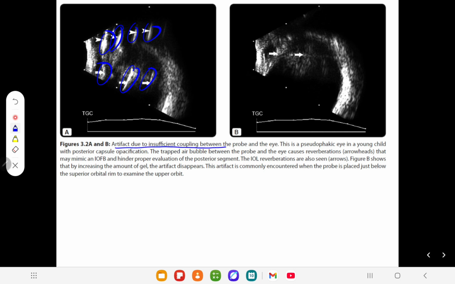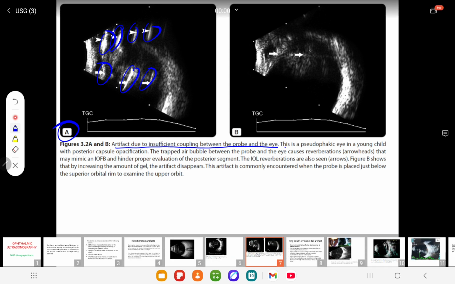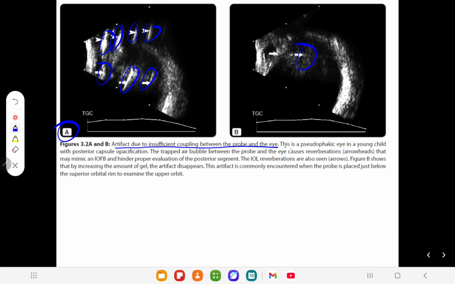Artifact due to insufficient coupling between the probe and eye in A. This is a pseudophakic eye in a young child with posterior capsular opacification. The trapped air bubble between the probe and the eye causes reverberation error that mimics an intraocular foreign body and hinders proper evaluation of the posterior segment. The IOL reverberations are also present.